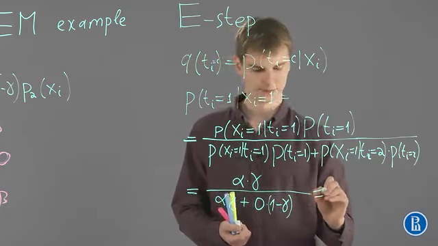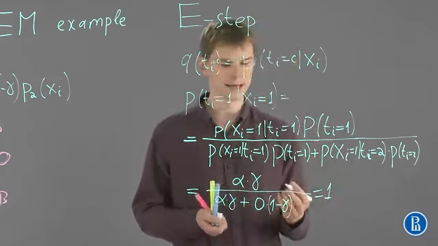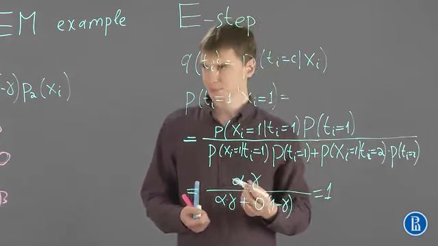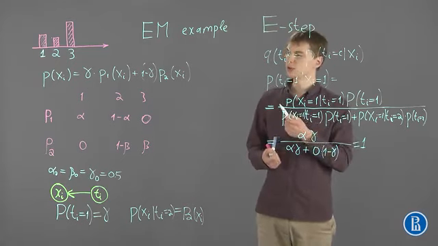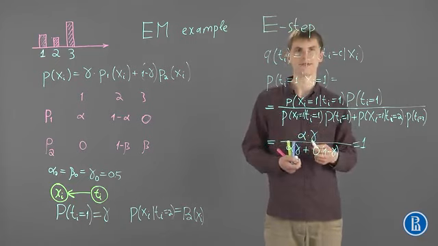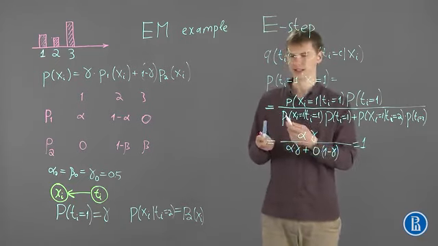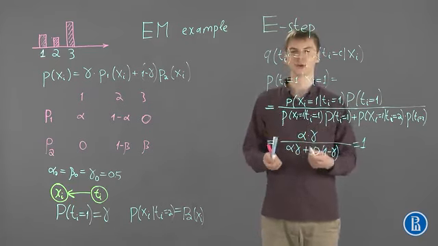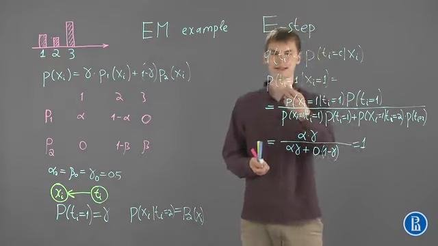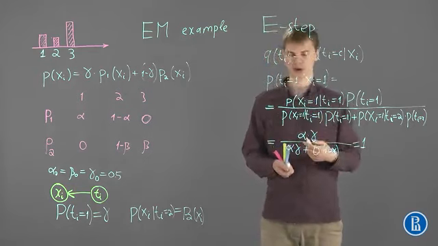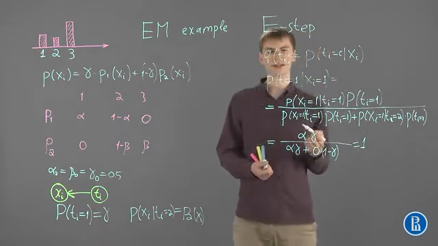So the result is just 1. And this totally makes sense, right? Since we know that the second component of the mixture can never generate the number 1, it just means that if we see number 1 in the dataset, it was certainly generated by ti equals 1, so by the first component.